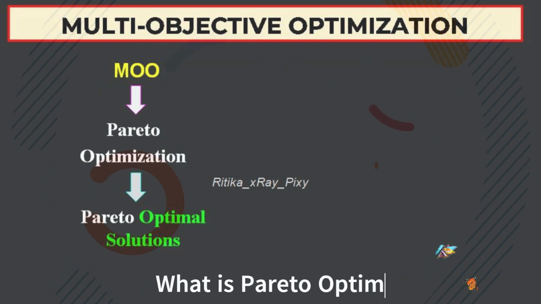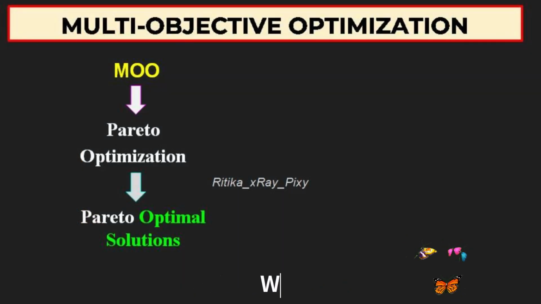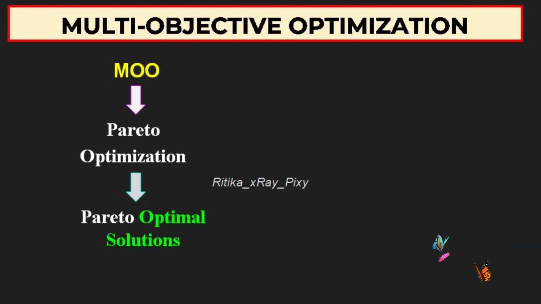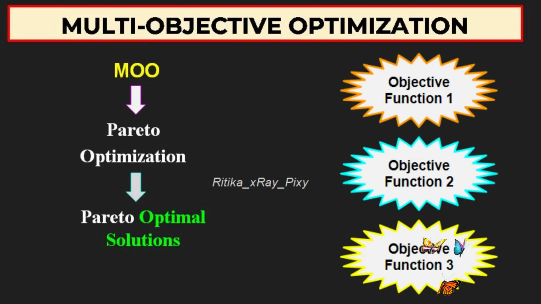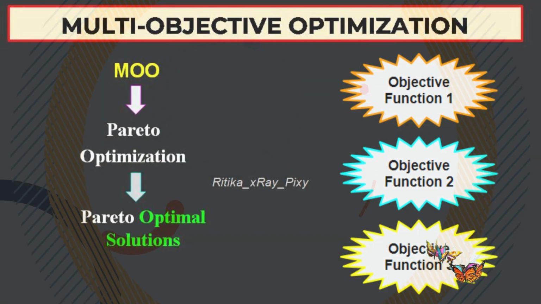The next question is, what is Pareto optimal solution, or we can say what is non-dominated solution. So Pareto solution is one in which improving one objective function result in the loss of at least one of the other function.